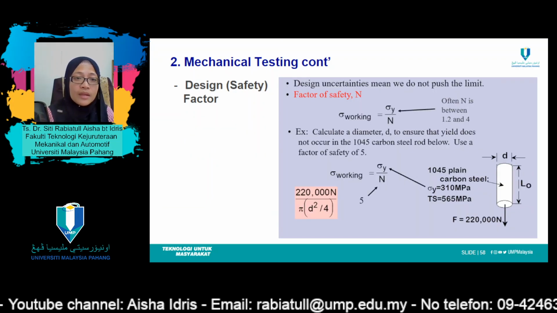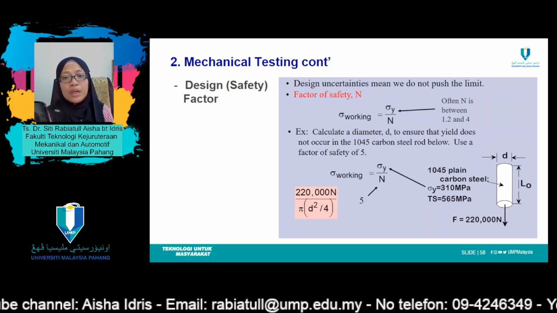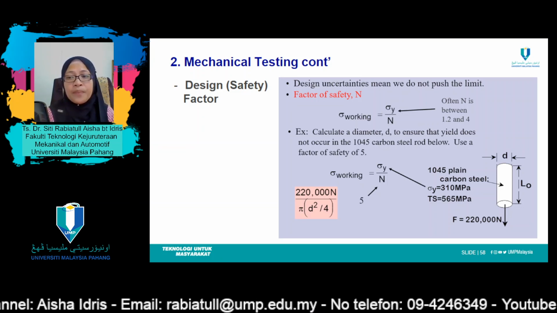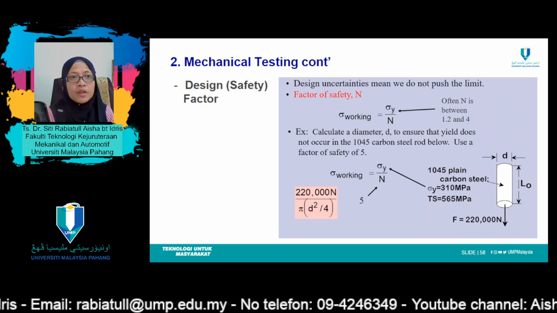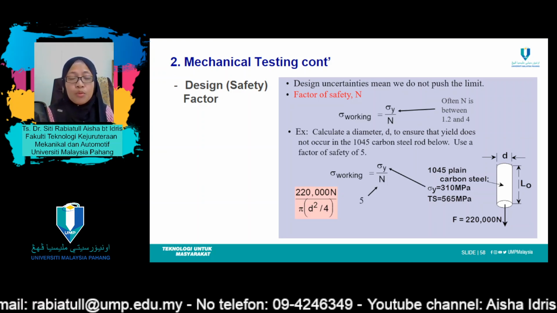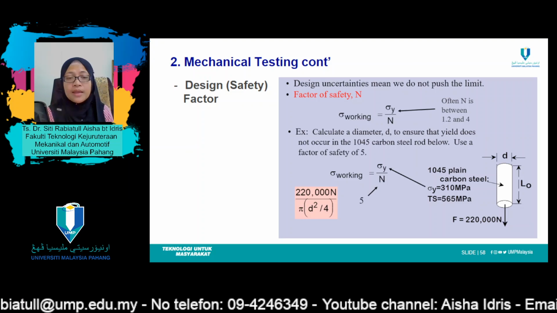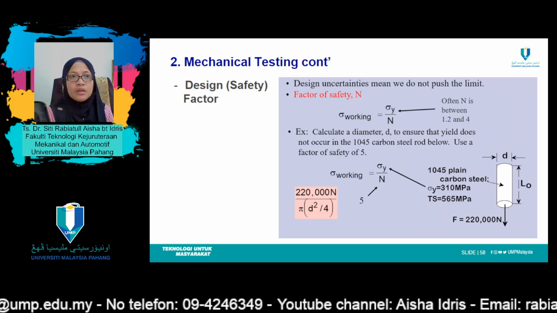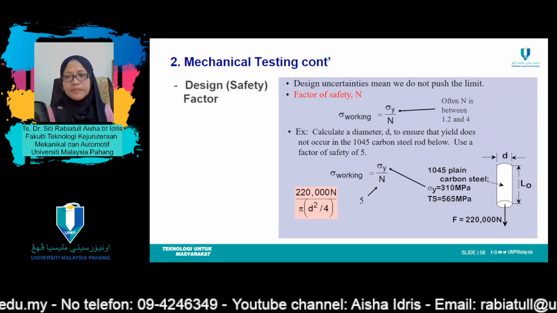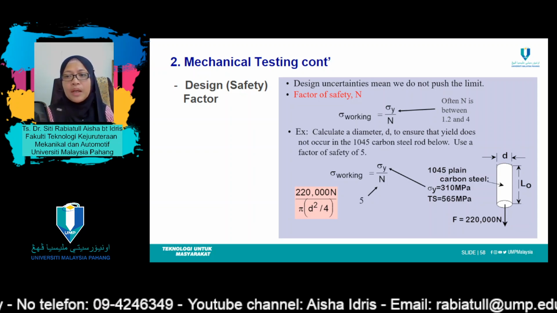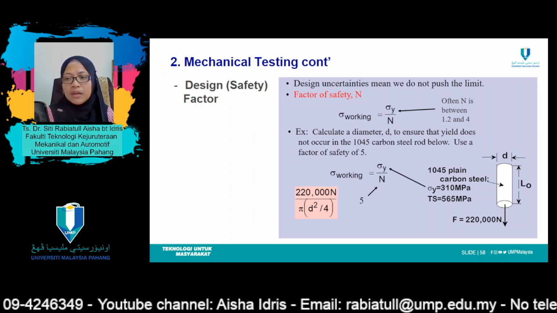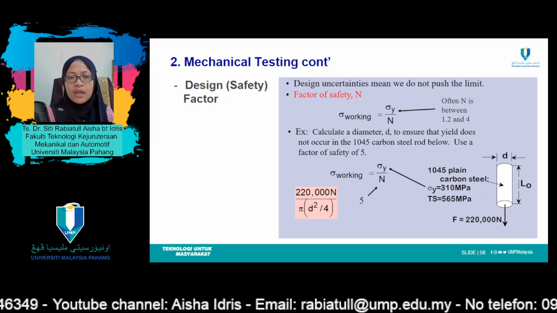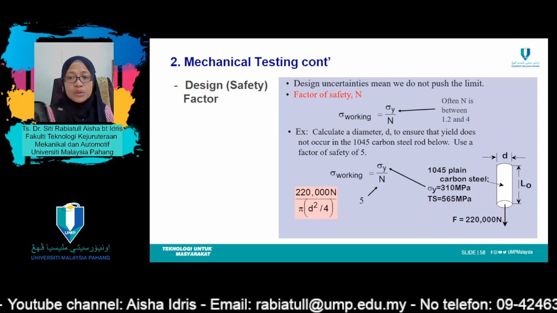Other than that, in design, we should also include the factor of safety, so that the materials won't easily fail, and it has its maximum load before it fails. However, the calculation part for design of safety and all that, you will learn further in strength of materials or solid mechanics.